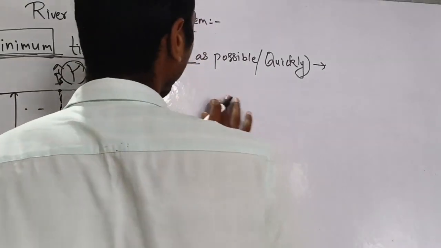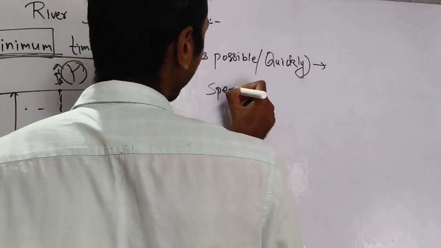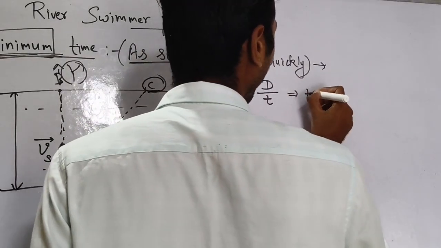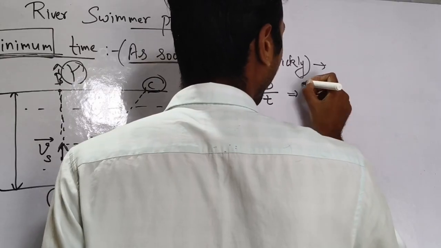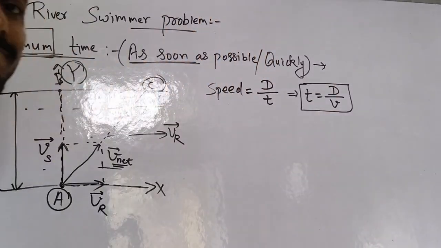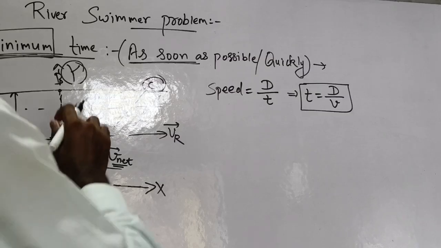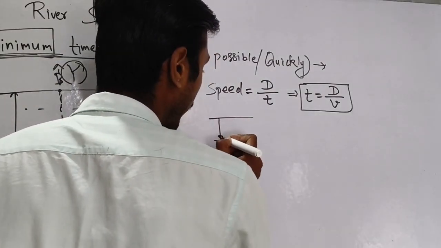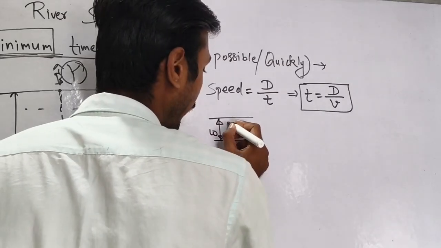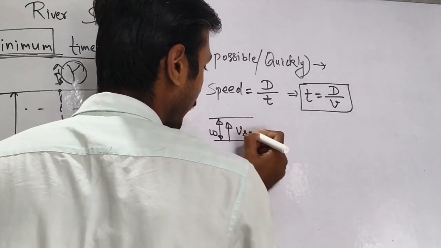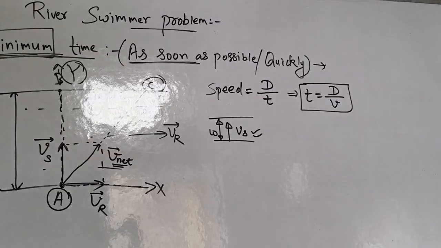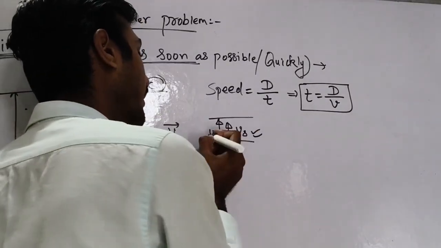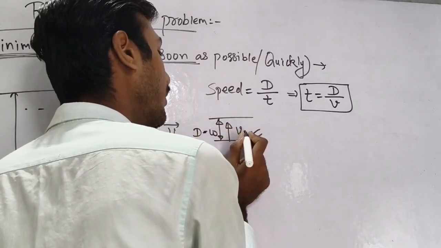Now, as we know that speed is equal to distance upon time, so time is distance upon speed. The swimmer wants to cover this W distance with speed Vs. This is the distance and this is the speed.